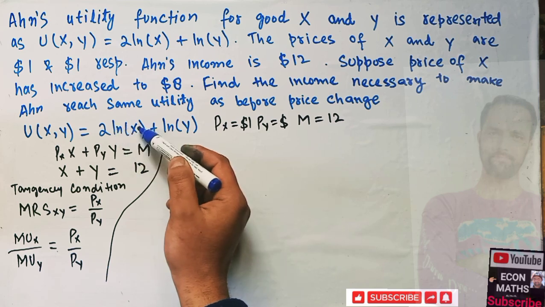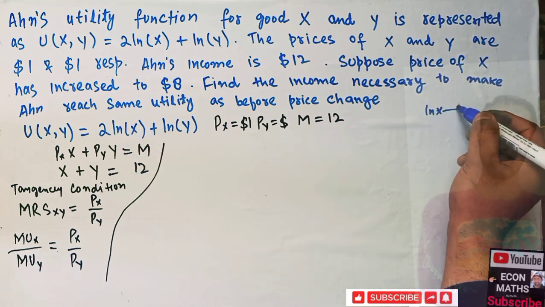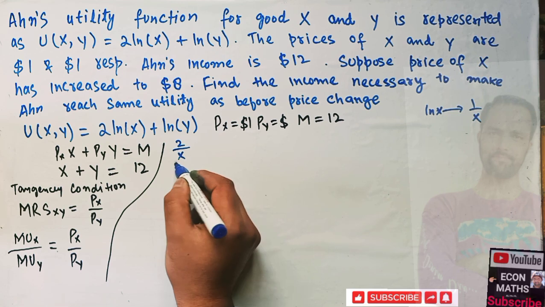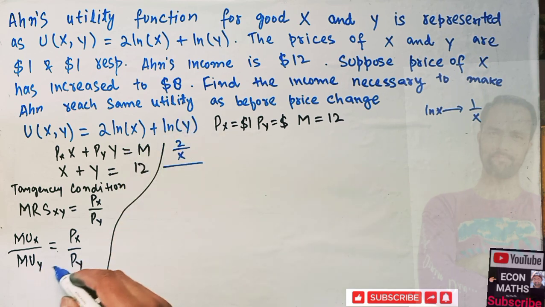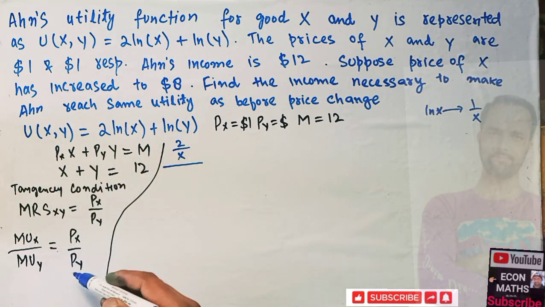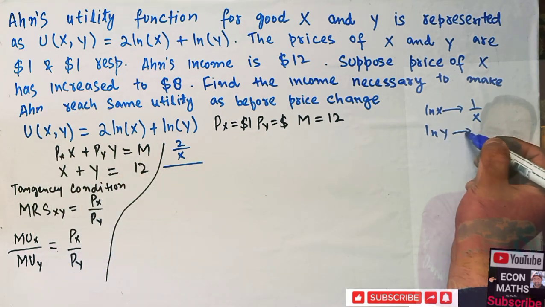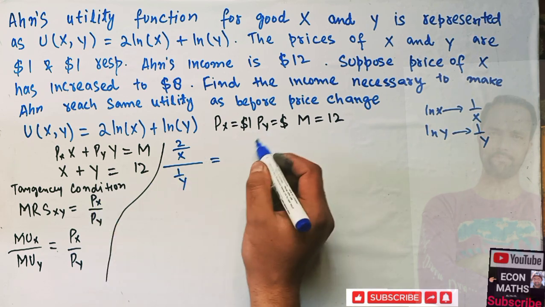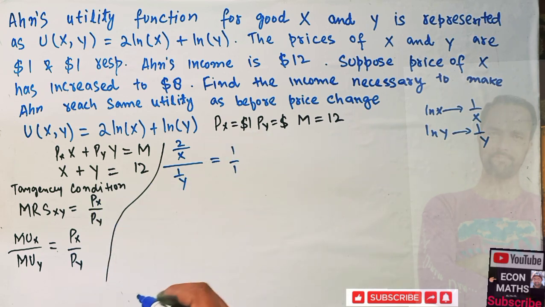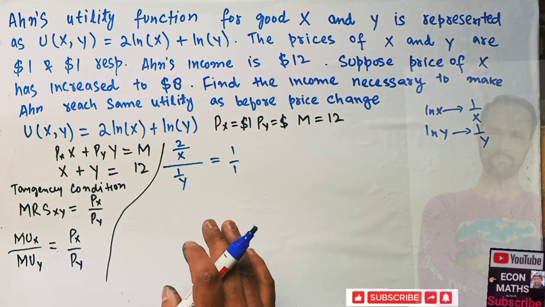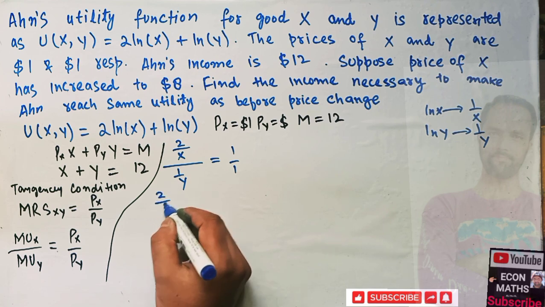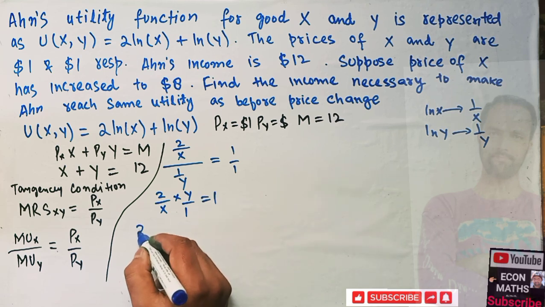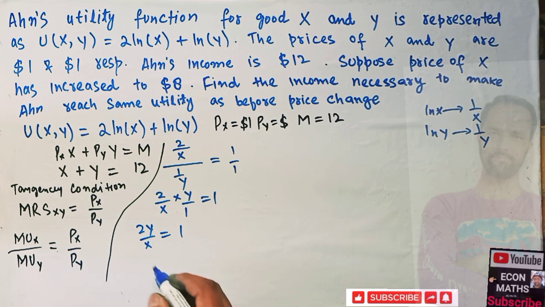The derivative of ln x is 1 upon x, so the marginal utility of x is 2 upon x. The marginal utility of y is the partial derivative with respect to y; the derivative of ln y is 1 upon y. This should equal the price ratio, and both prices are 1. So 2 upon x divided by 1 upon y equals 1, which means 2y upon x is equal to 1.